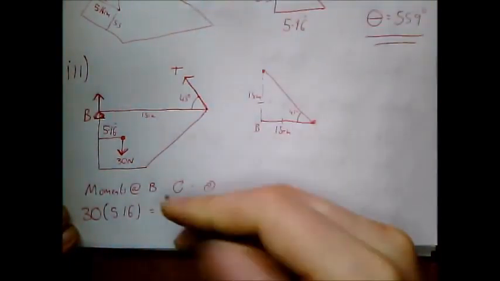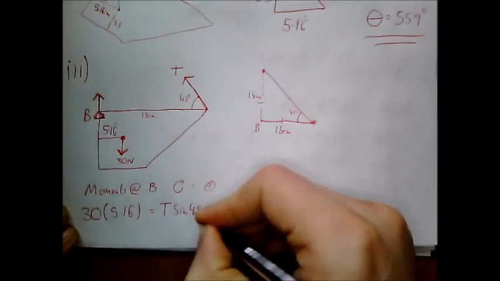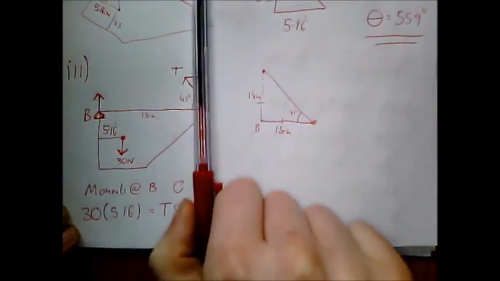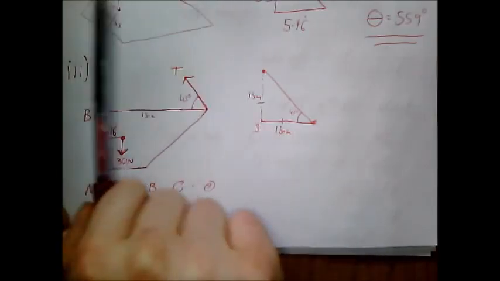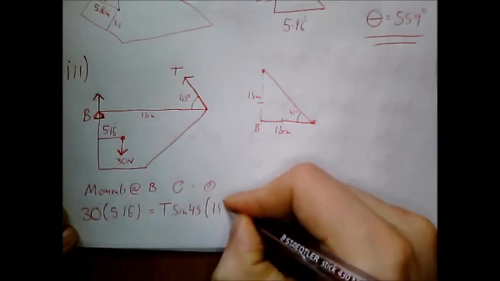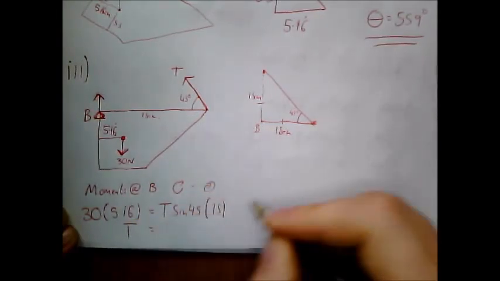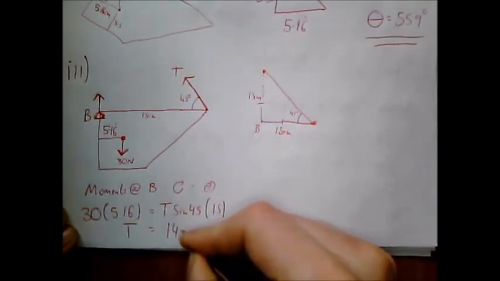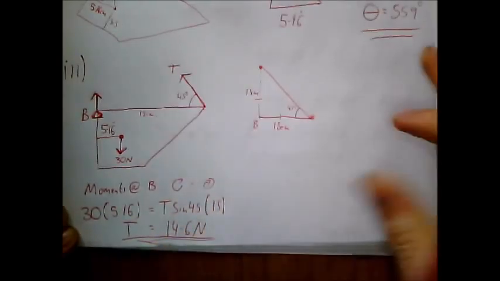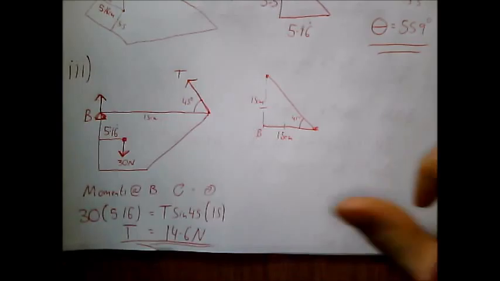Technically it is sine 45, as we want the component perpendicular to the horizontal distance to the pivot, which is 15. Solving that, you should find a tension of 14.6 newtons. And that is question 6 finished.